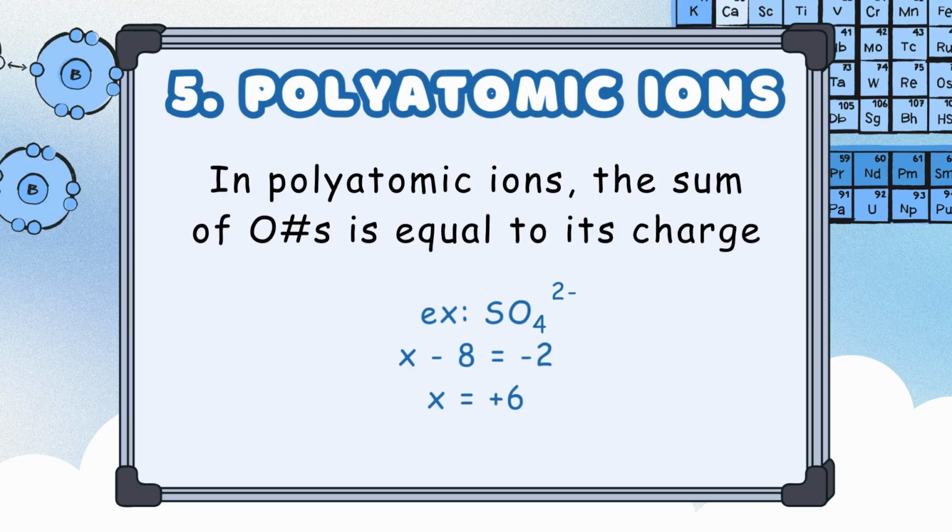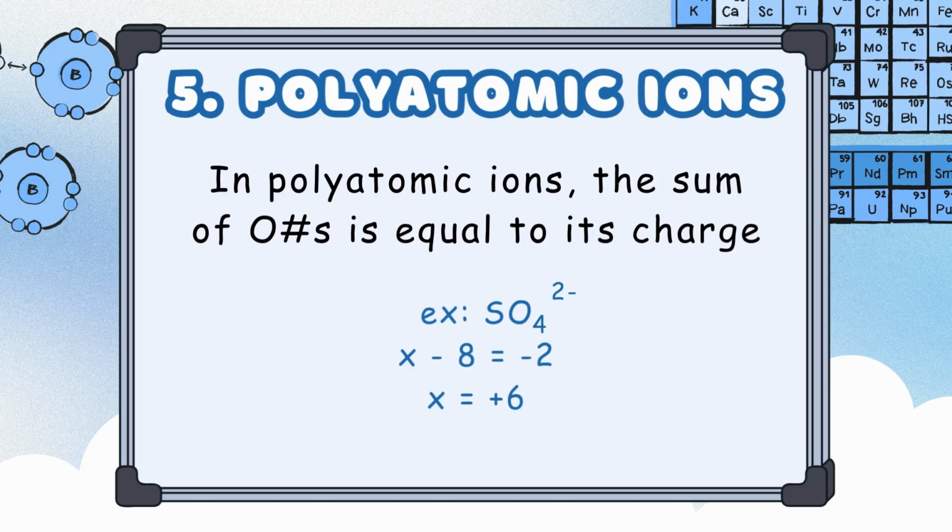Polyatomic ions, from the word poly meaning marami, naging combination na siya ng iba't ibang elements. So, we have SO4, negative 2. Kunwari dito, ang hinahanap is yung oxidation number ni sulfur. Yung charge niya is negative 2, which is magiging basis natin para makuha yung value ni sulfur.